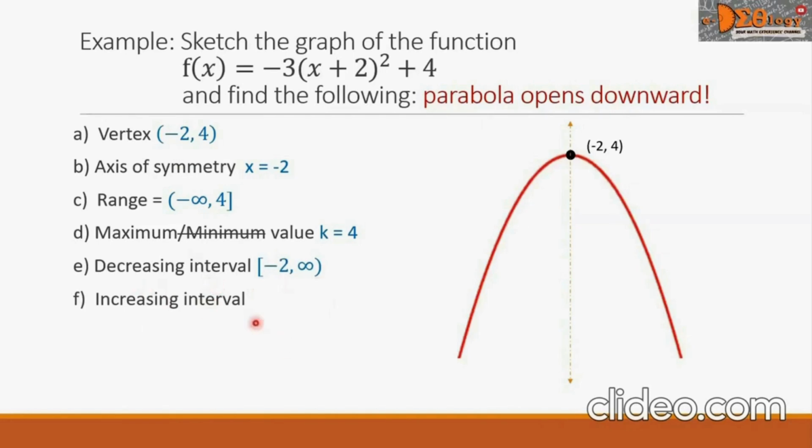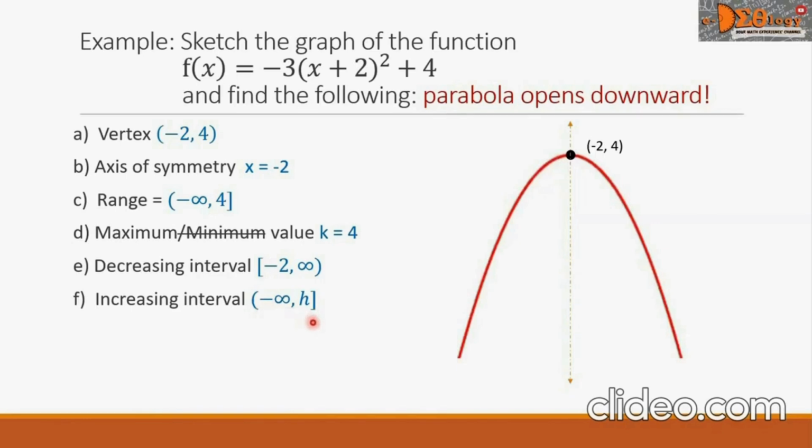For the increasing interval, that is the left side of our parabola. You see here, if you read the graph from left to right, that is the increasing interval. And we have the formula for that. That is the parenthesis, negative infinity, comma, h, and square bracket.